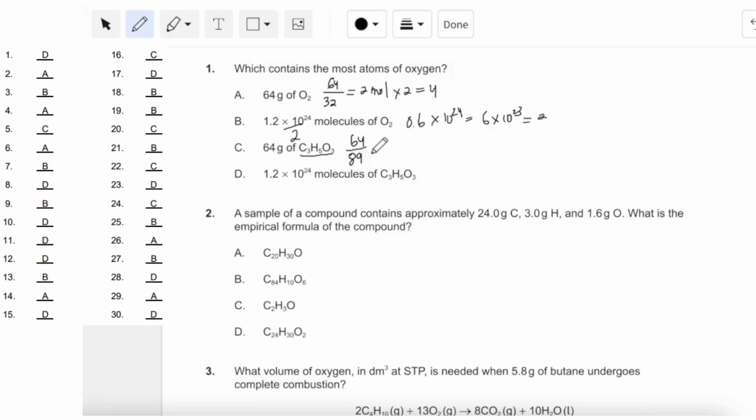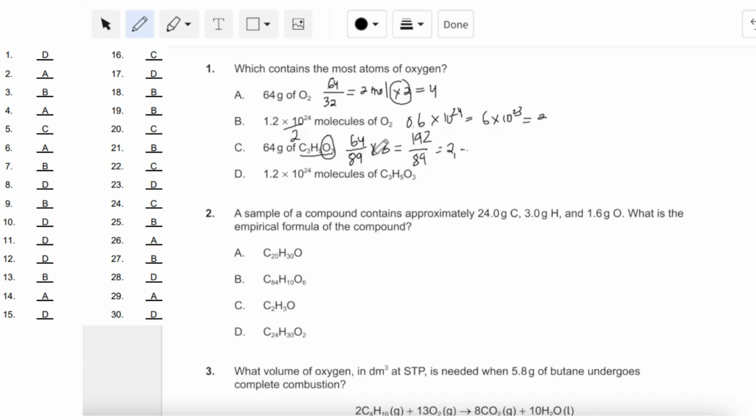So C3 is 12.01, let's say 12 times 3, plus H, which is 1 times 5, plus O, which is 16 times 3, so the total is 89. Oxygen here we have 3, so it's times 3. It's around 192 divided by 89, so it's 2 point something moles.